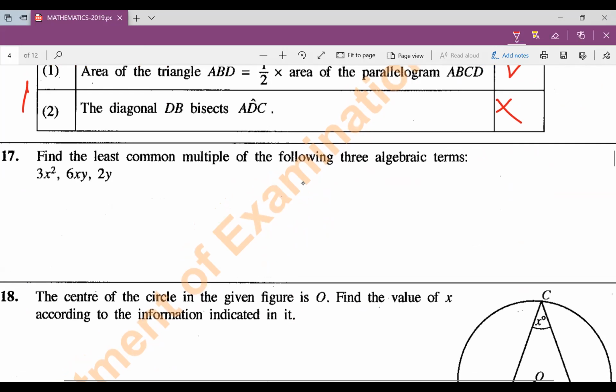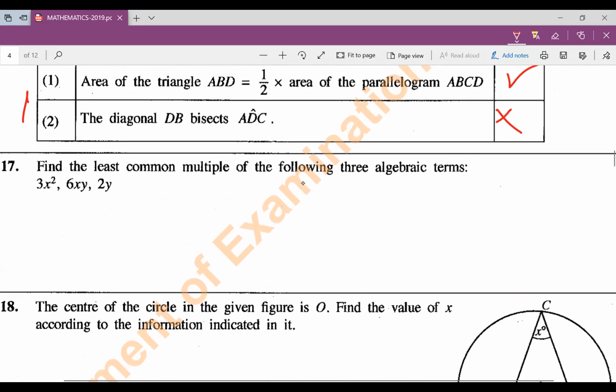Okay, the 17th one is: find the least common multiple of the following three algebraic terms. Okay, finding the algebraic terms, give me 1 minute.